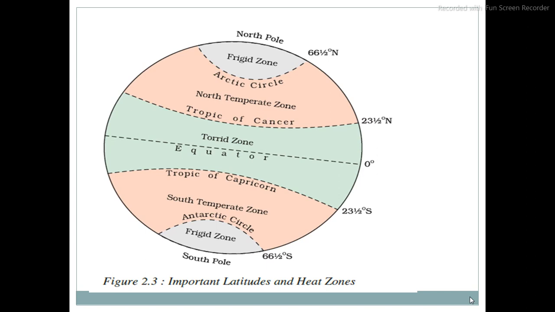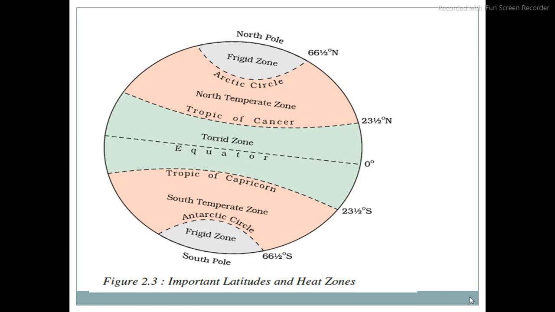Above it is the temperate zone. This part and this part are the temperate zone: this is the north temperate zone, this is the south temperate zone. After that we have the frigid zone here, and downside also the frigid zone. So these are the heat zones, right?